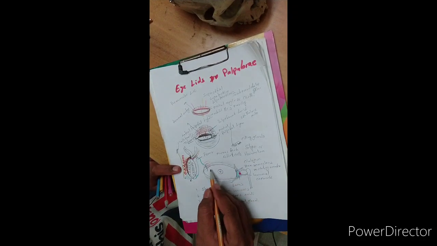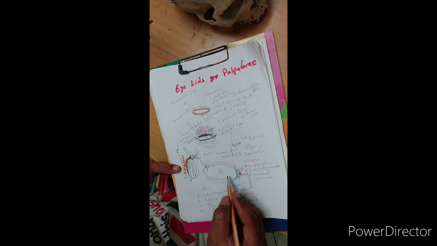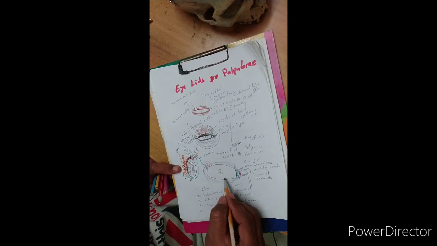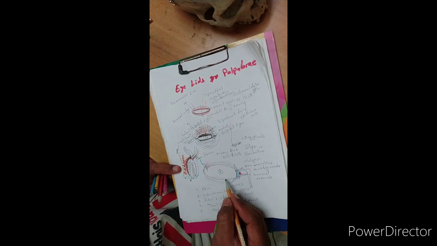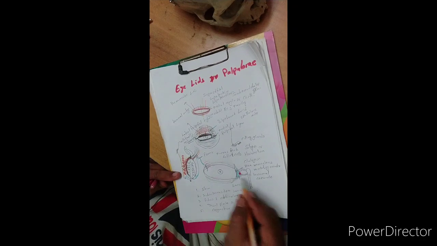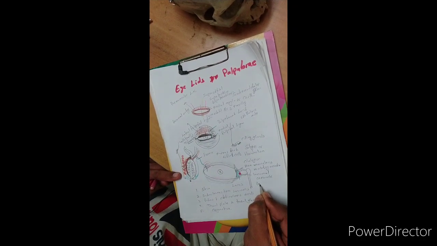If you see the fluid in the conjunctival sac, there are three types of fluids. Three layers of fluid, if you go from inside to outside: first layer is the fluid of the lacrimal gland.